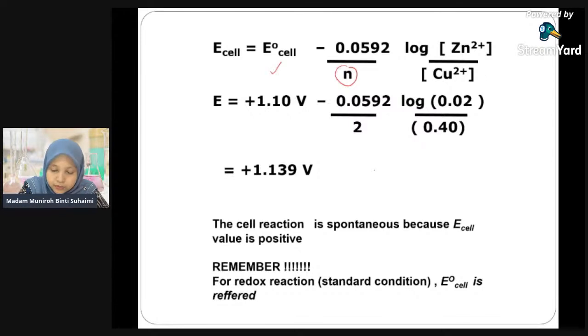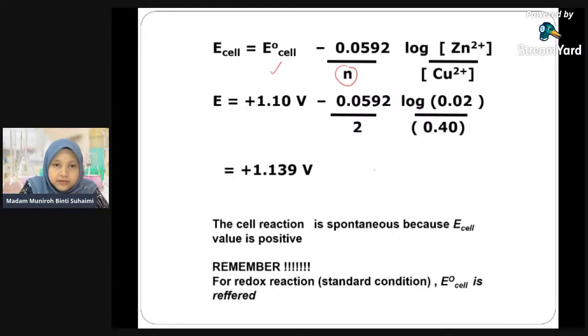From the question given, we just substitute all the values, and we will have the answer for E cell, which is positive 1.139 volt.